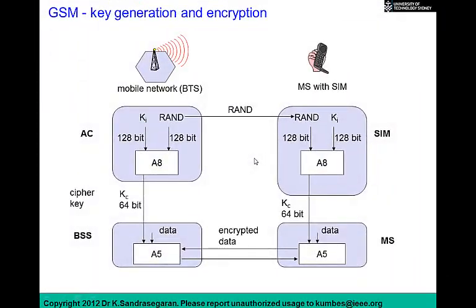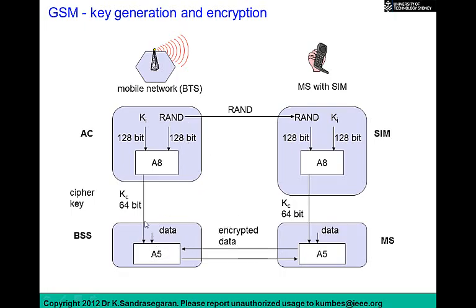How does the encryption work? Again, encryption in some ways is very similar to the authentication process. We use the same secure key KI and the same RAND that was used for the authentication process, but this time these two inputs go into an A8 algorithm, and the A8 algorithm generates a 64-bit key, and this 64-bit key is then sent to the BSS, and in the BTS specifically, all the data that is transmitted across the interface is encrypted using the A5 algorithm.